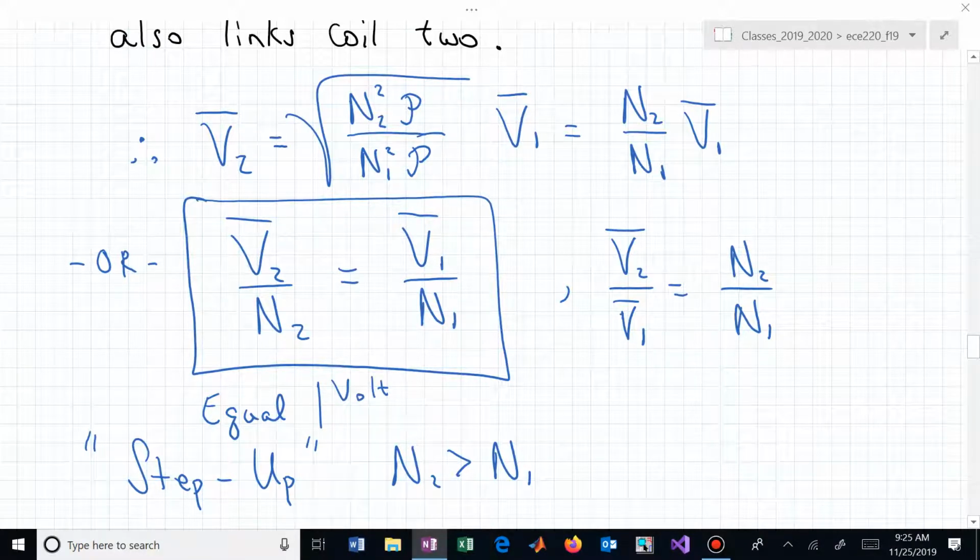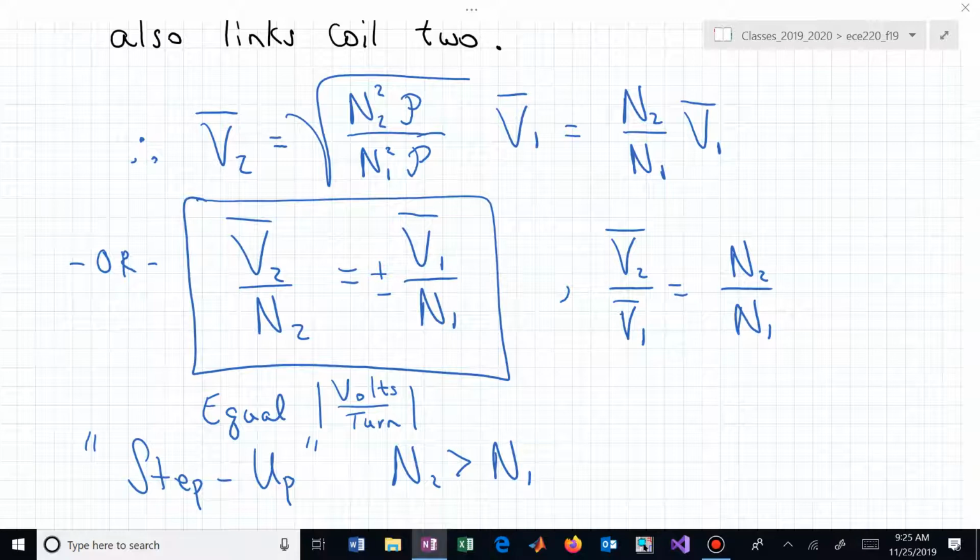There's possibly going to be a sign change depending on how the dots are related to the labels of V1 and V2. But we have an equal volts per turn ratio on secondary and primary.